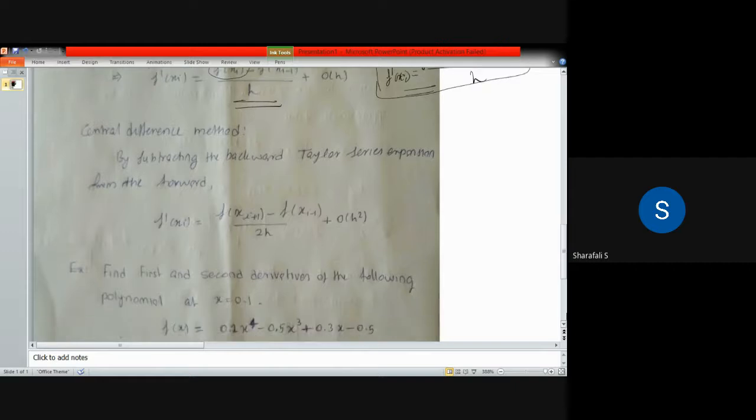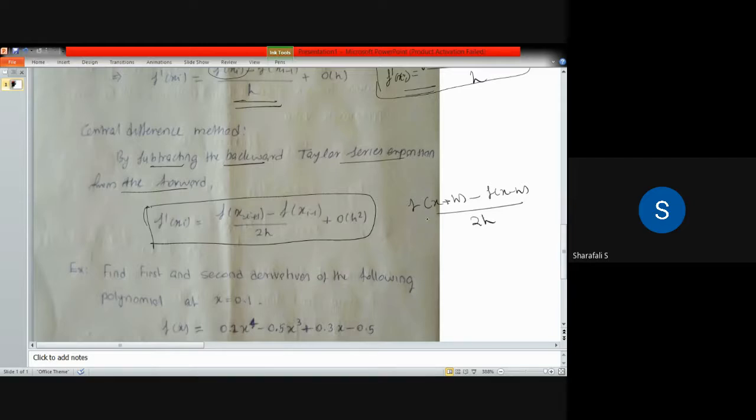And the central difference method is nothing but subtracting the backward Taylor series expansion from the forward Taylor series expansion. Okay, then you will get the differentiation equation like this: f dash of xi will be equal to f of xi plus 1, which means that f of x plus h minus f of xi minus 1, so this is f of x minus h, divided by 2h.